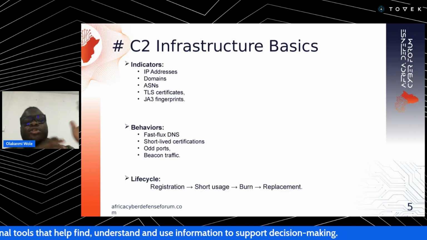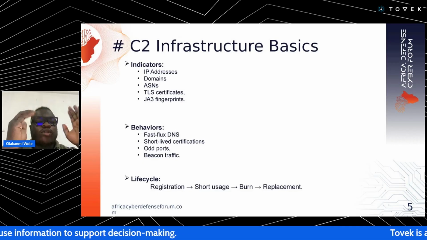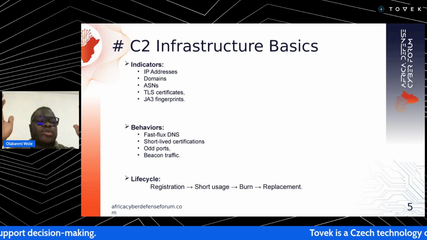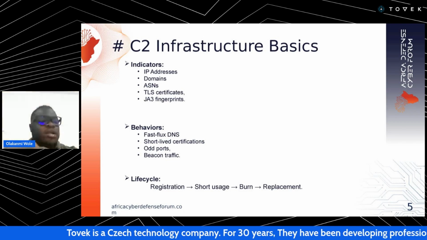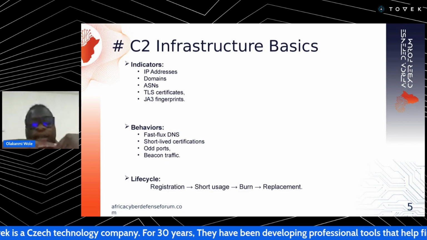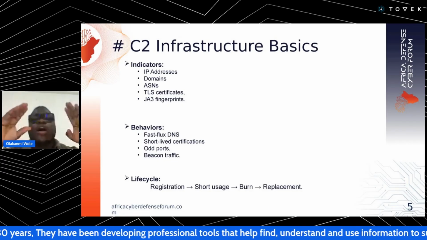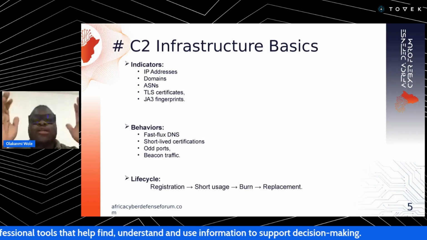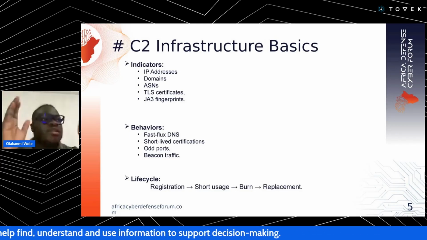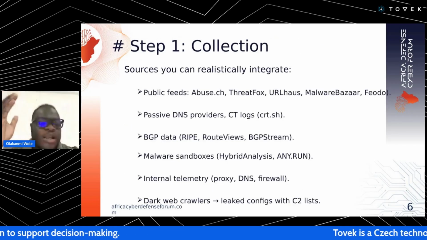We see an infrastructure being set up, and then a short usage, which also comes back to the short-lived certificates that we talked about, and then the infrastructure is burnt and replaced by an attacker. So these are very basic, easy-to-tell characteristics of any C2 infrastructure out there being hosted by a threat actor.